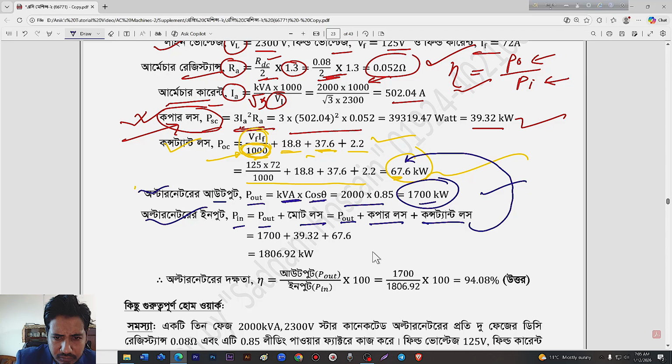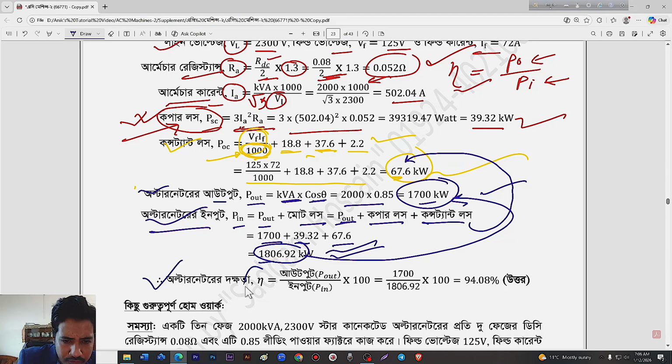So if we put down the values of output, copper loss and constant loss, we get from this calculation the alternator input, 1806.92 kilowatt.